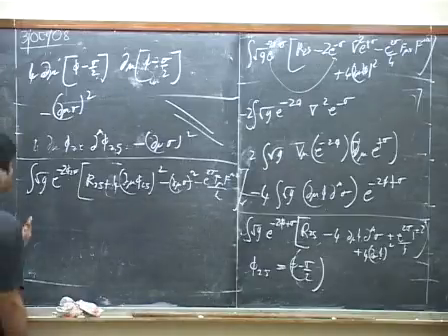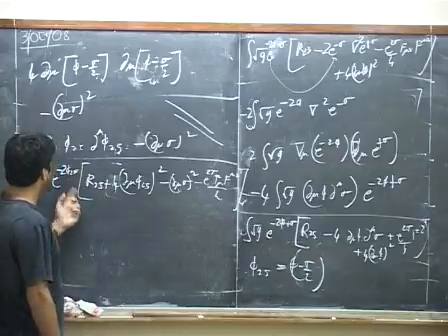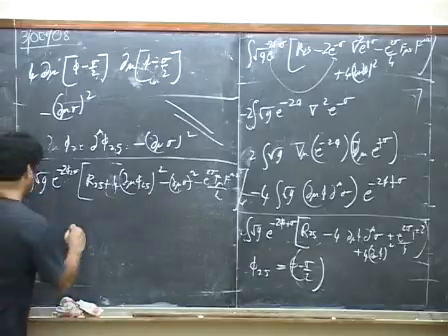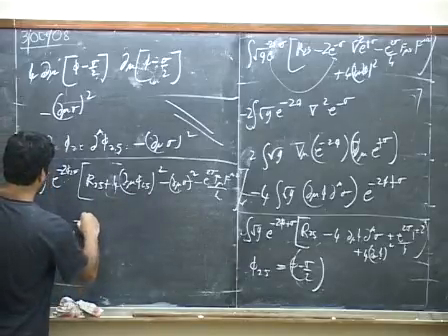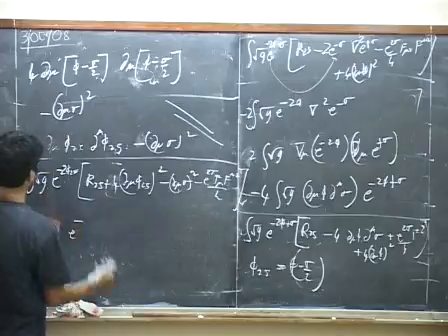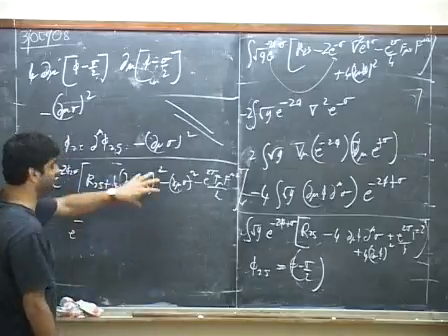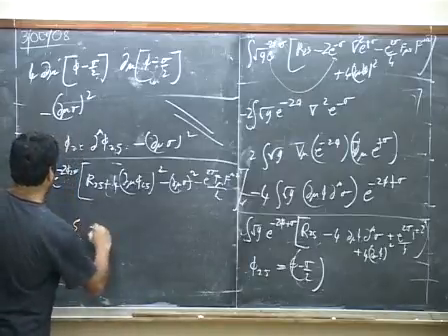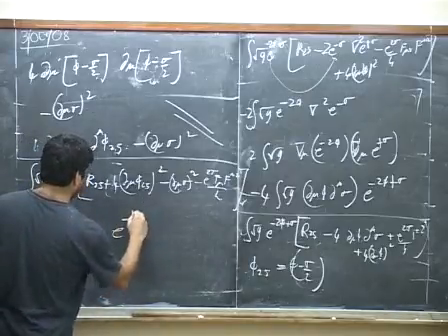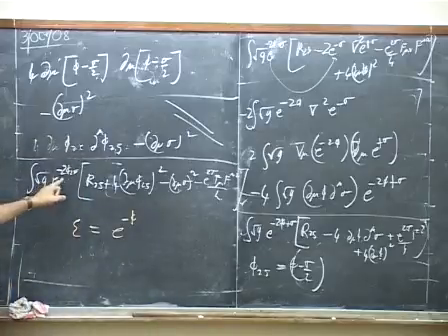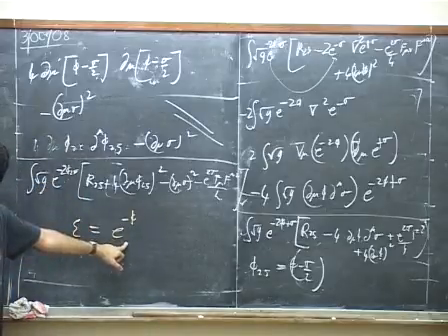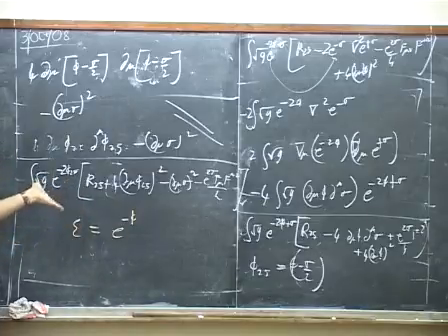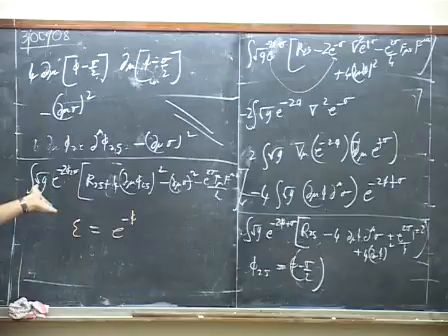If you define a new field such that this thing is not there behind its kinetic term, you would say that zeta is equal to e to the power minus phi. Then this will be proportional to del mu zeta.